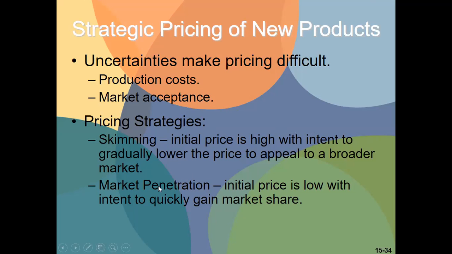Market penetration is when you penetrate the market. For you to be able to get a market share, you have to set the price low, get there, and then have the market share. And later on, prices could be increased gradually or slowly, depending on the case.